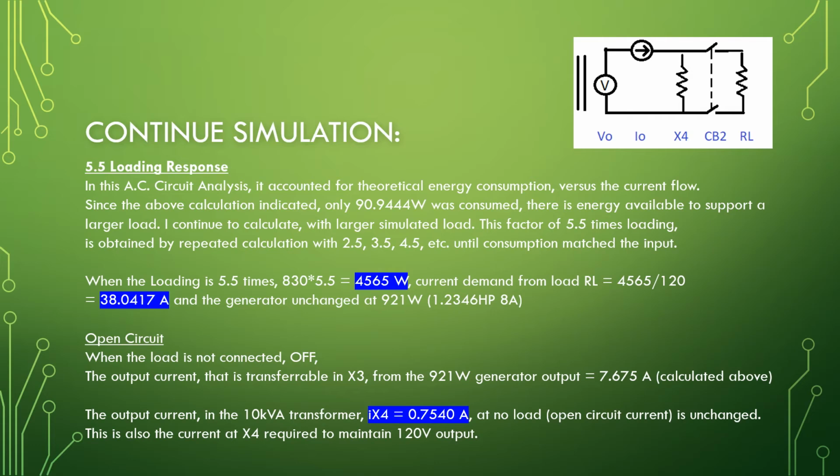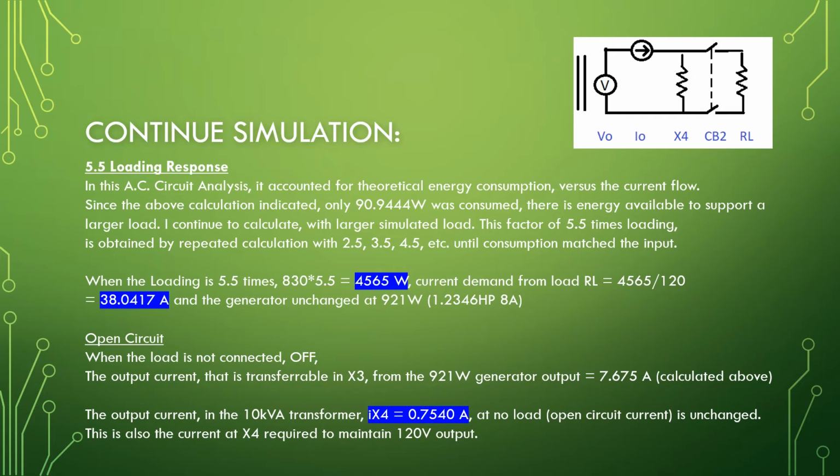Open circuit. When the load is not connected, off. The output current that is transferable in X3 from the 921 watt generator output equal to 7.675 ampere as calculated above.